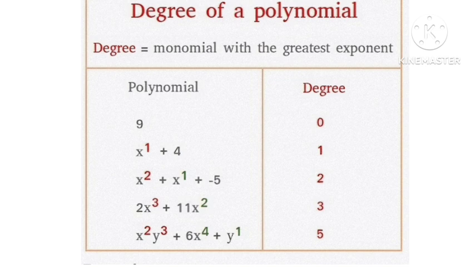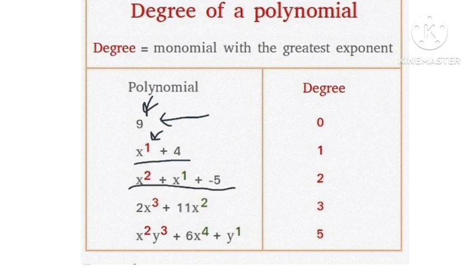Now we'll see examples of the degree of polynomial. What will be the degree of the polynomial 9? 0, because there is no exponent on the 9. x plus 4: the degree of the polynomial is 1, because the exponent on the x is 1.